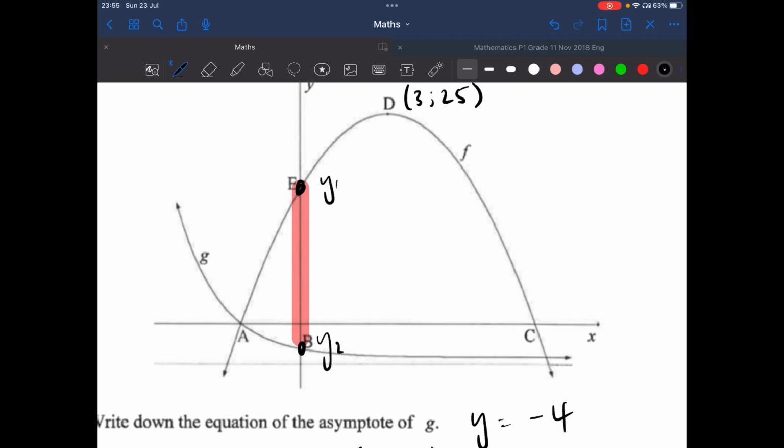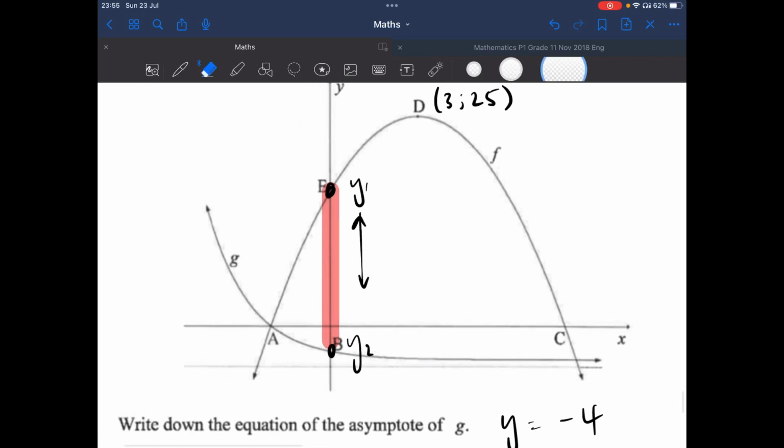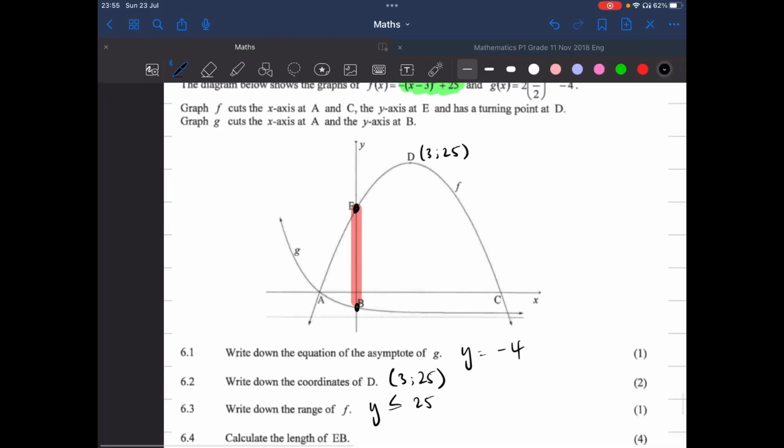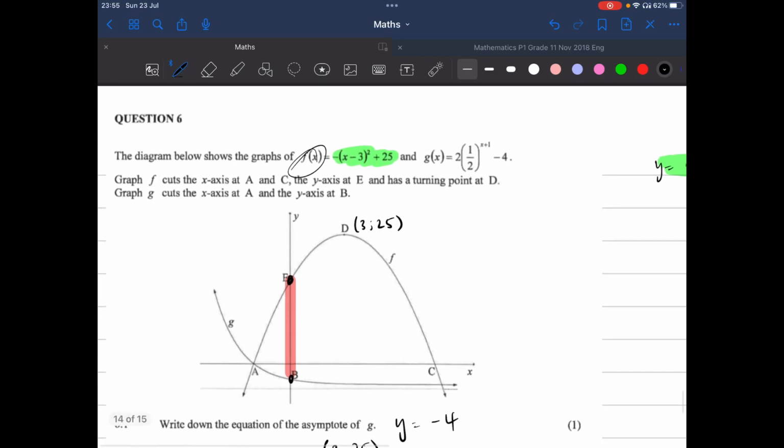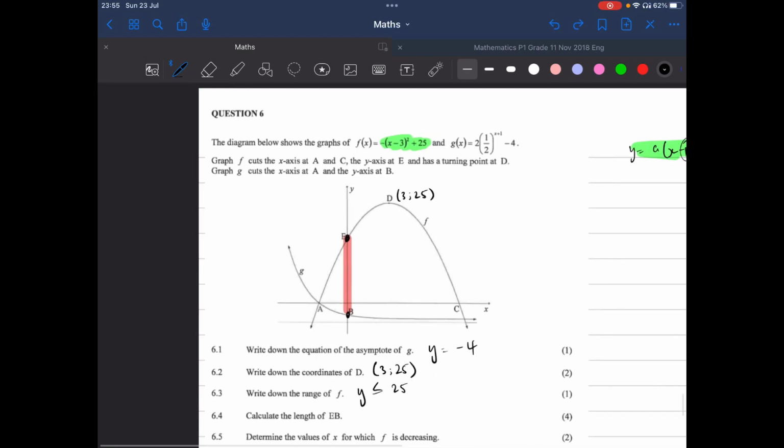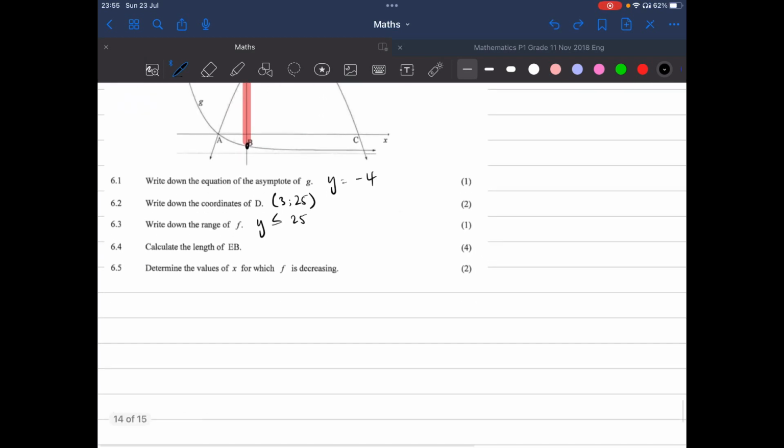We'll call this y1, y2, and then we can find the distance between them by subtracting. So let's find those two y values. Point E represents the y-intercept of f(x), while B represents the y-intercept of g(x). Basically all this question is asking you is to find the two y-intercepts.